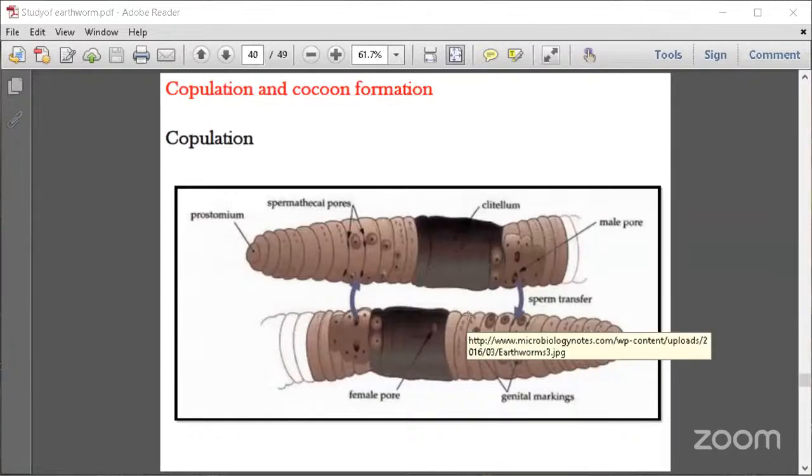Several cocoons are formed after each copulation because spermatozoa in the spermathecae do not pass out all at one time. The cocoons are barrel-shaped and light yellow in color.